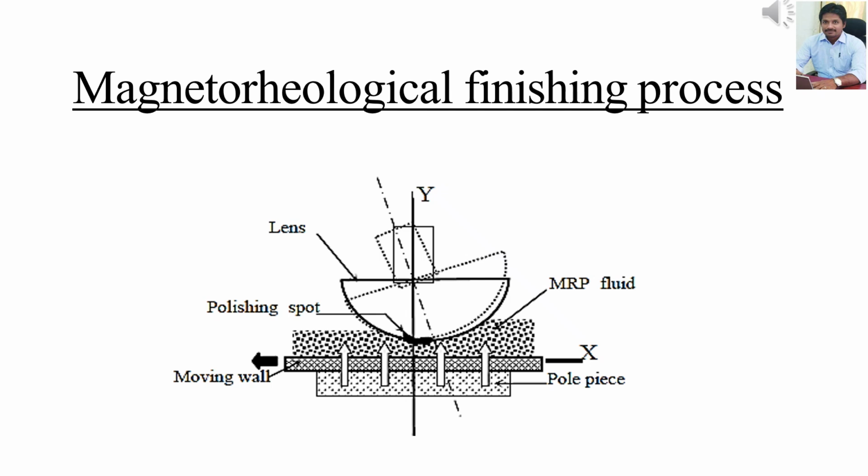The vertical MRF machine precisely controls the magnetic field strength, fluid flow, and relative motion. This setup allows deterministic material removal, making it ideal for ultra-precise surfaces such as optical components, lenses, and glass polishing.